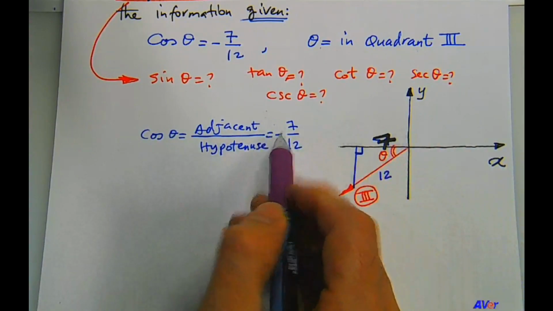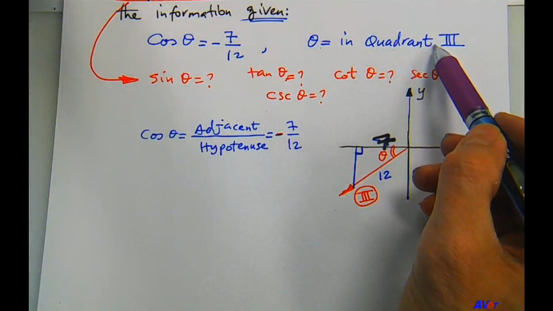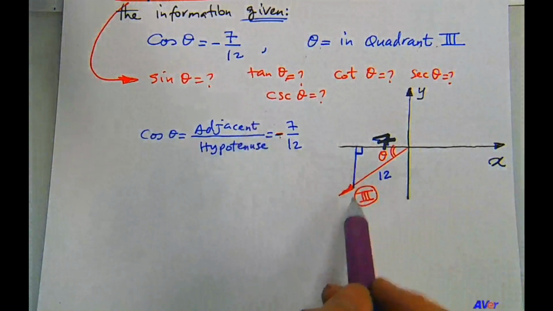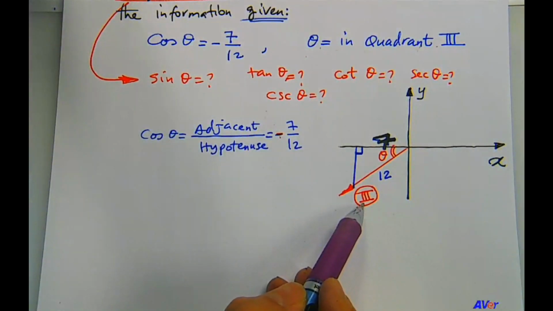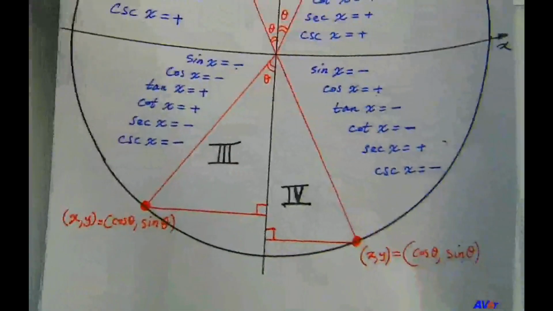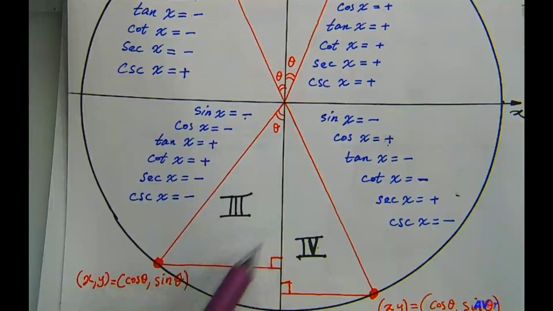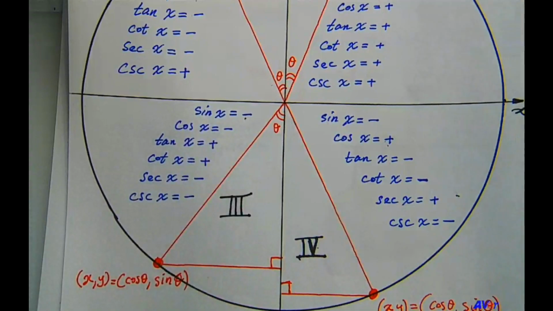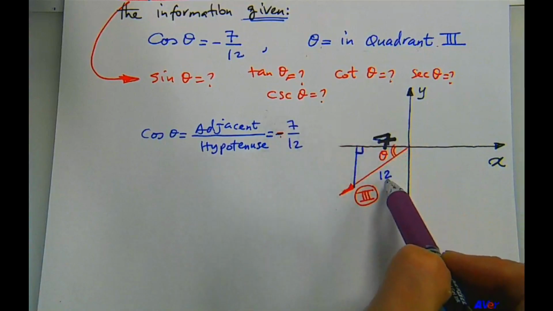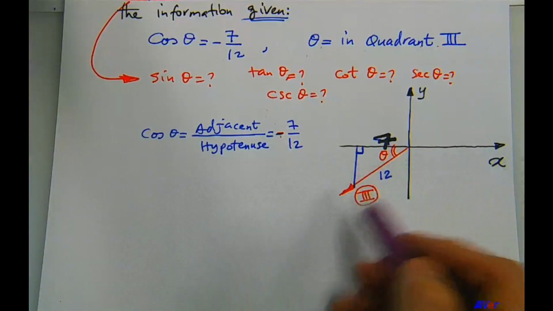So this minus 7 over 12 is compatible with which quadrant the angle is. So automatically the negative comes in because that's connected with which quadrant we're in. So in that quadrant, cosine is negative. That's where this negative comes from. So we can just put the positive 7 as the length of the adjacent side over the hypotenuse.